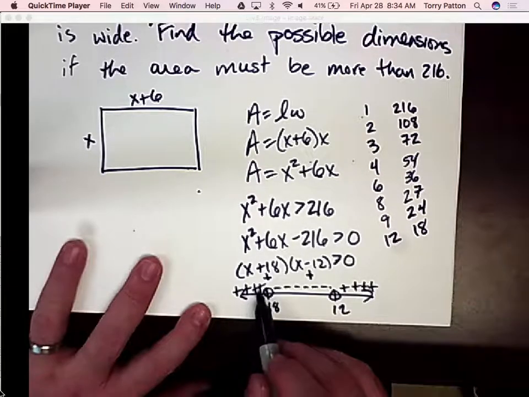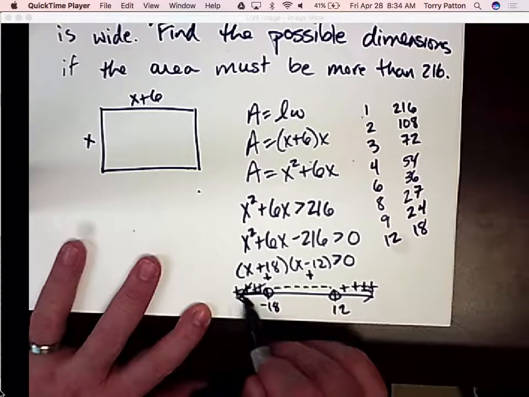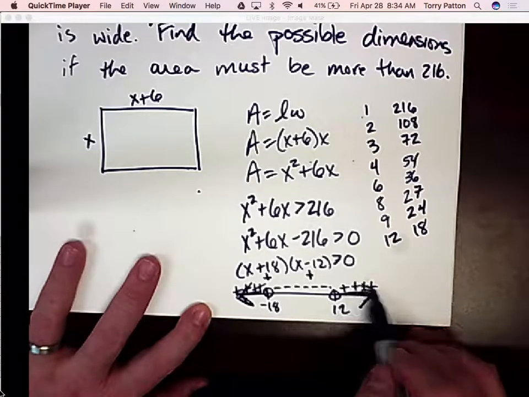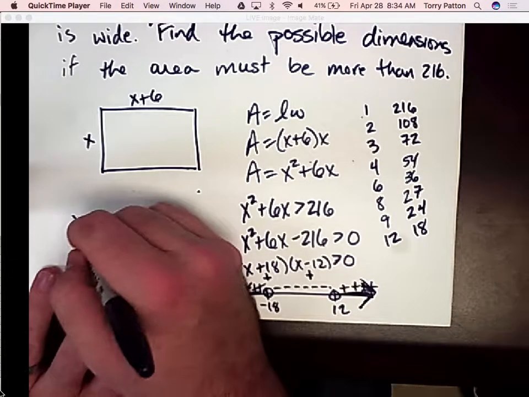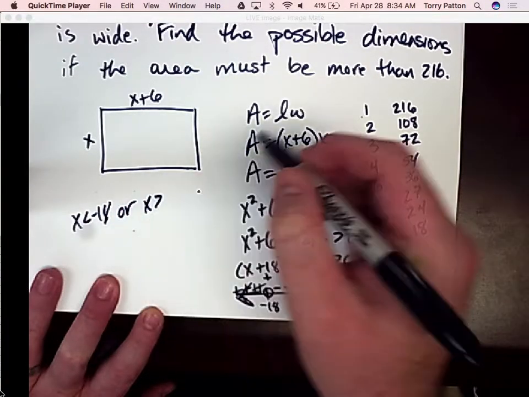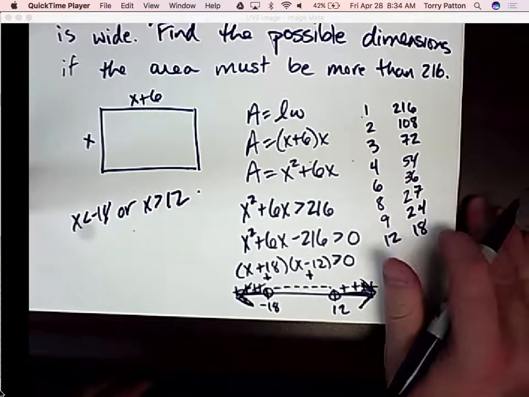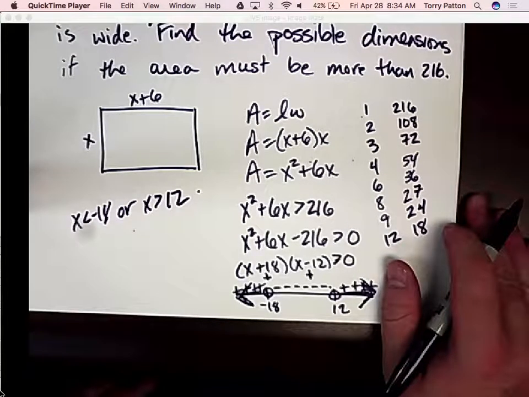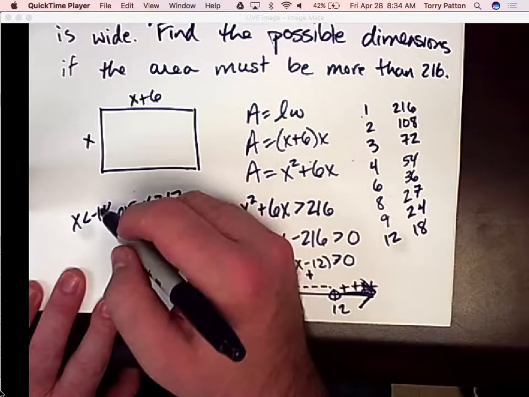Positive. So that means x is less than negative 18 or x is greater than 12. Can we throw one of those out? X is a length.